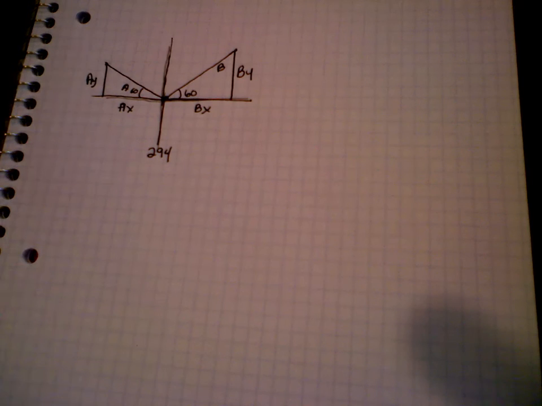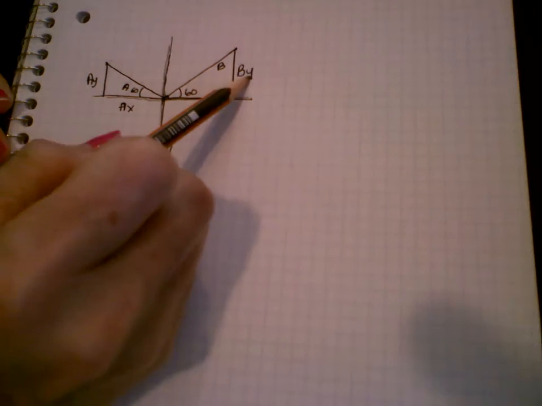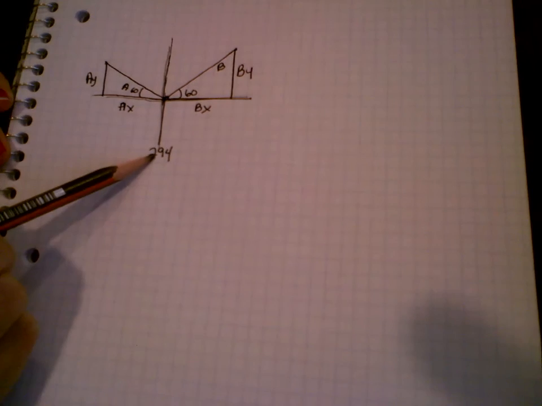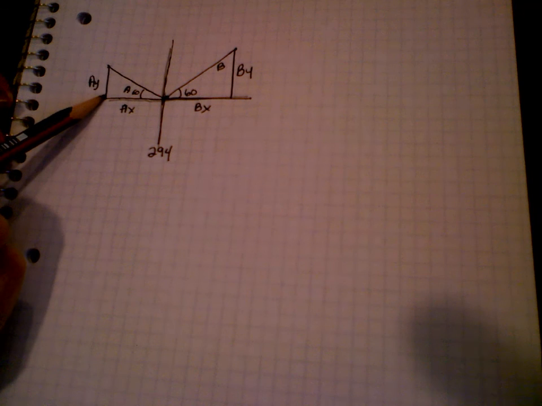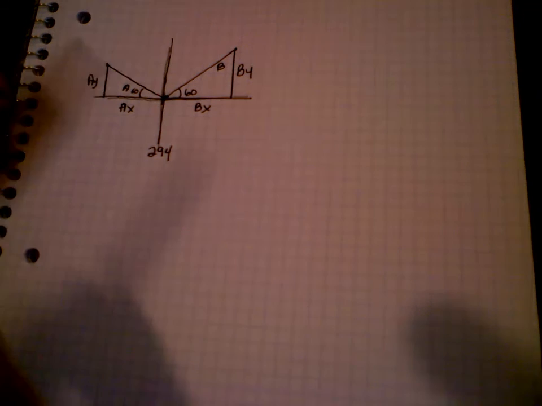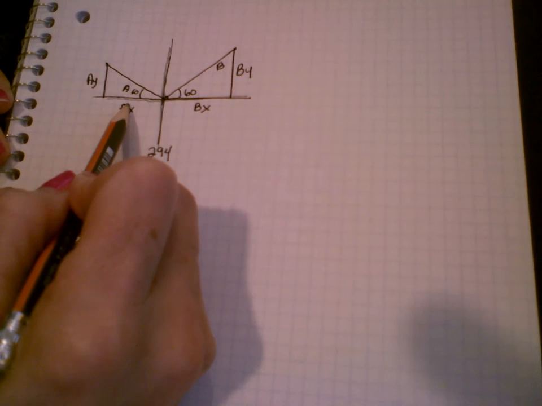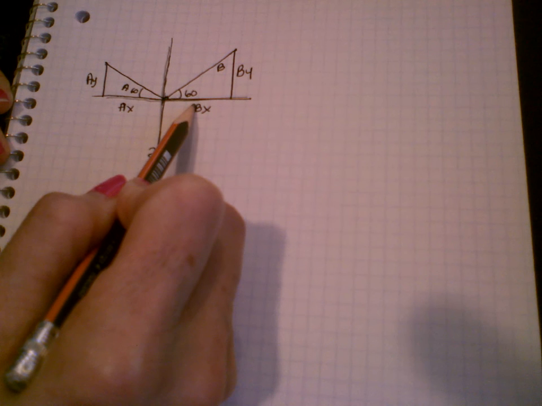And hopefully you can see that I'm going to have to add these two together and subtract this one because they're both above the x-axis. And since these two are opposite each other, you subtract them to get 0.